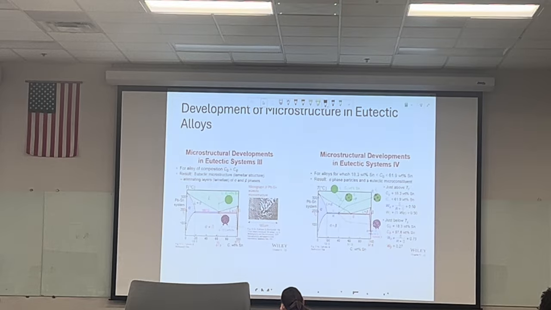That's what they call, I guess, the critical temperature. So at that point is where the entire liquid volume starts to transform. And in this case, it's your lead and Sn.